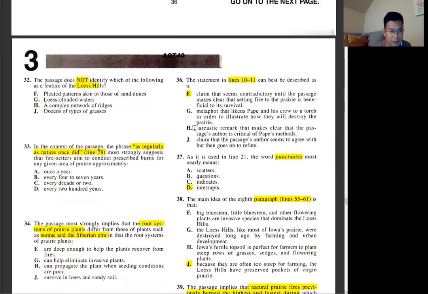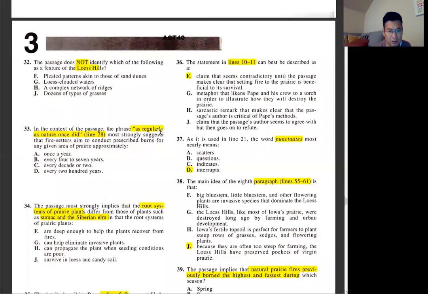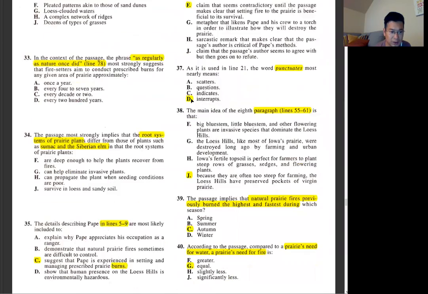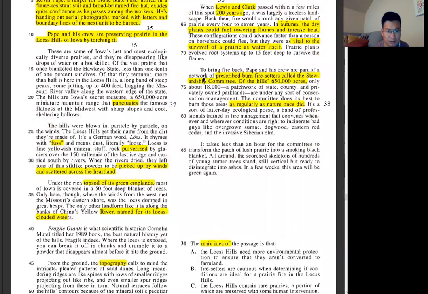So 33, then it happens every, I think it's 4 to 7 years, line 65, every 4 to 7 years. Then continue to move on. The professional fireman is in conversion.